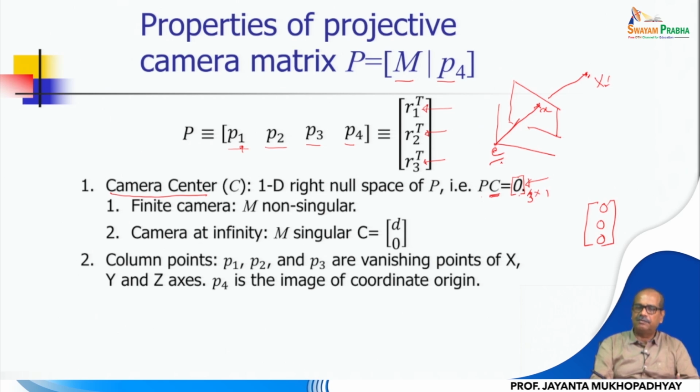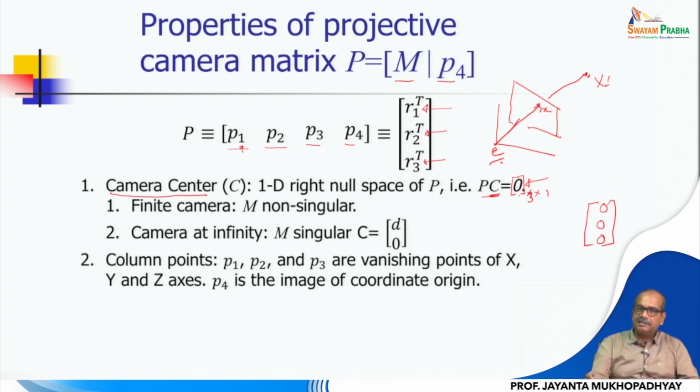I understand many of you already know it, but here only one null vector exists in this case, because the rank is 3 in this particular case. So there will be only one null vector, and that is this right null vector in this expression. From there you can compute the C.